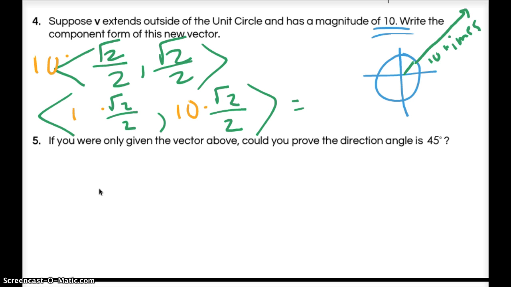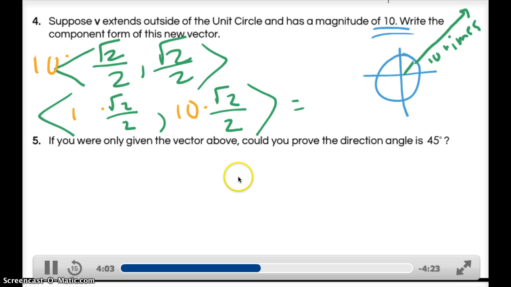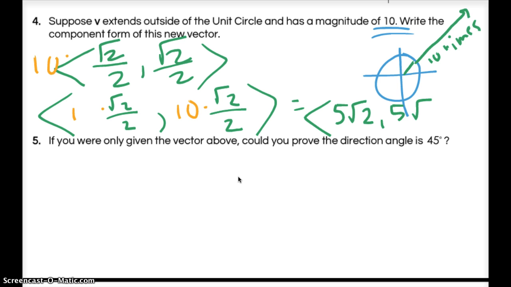Well, it gives me 10 rad 2 divided by 2, which I could simplify to be 5 rad 2, 5 rad 2. So when I'm given a magnitude and a direction, there is a way I can find a vector. We're going to formalize this in just a second.